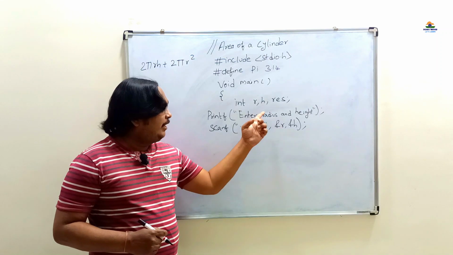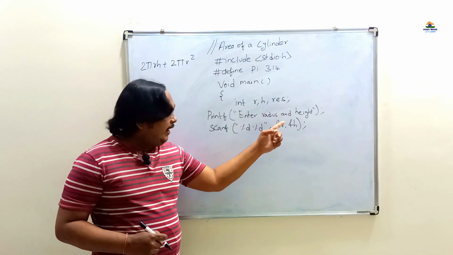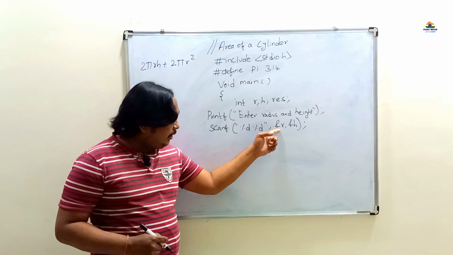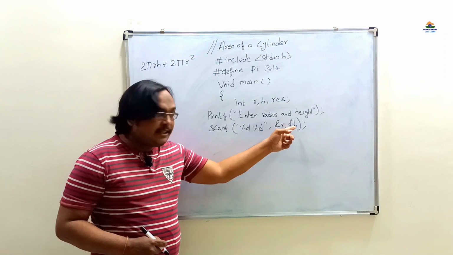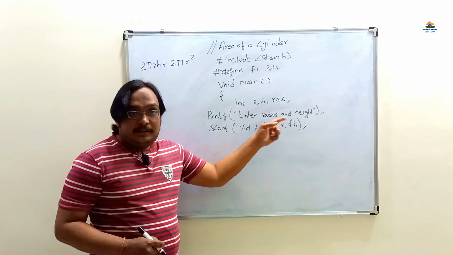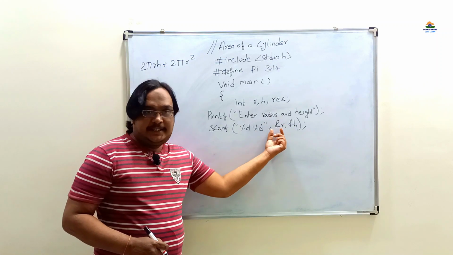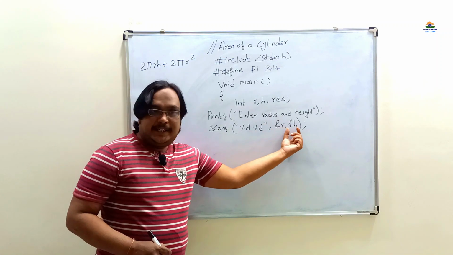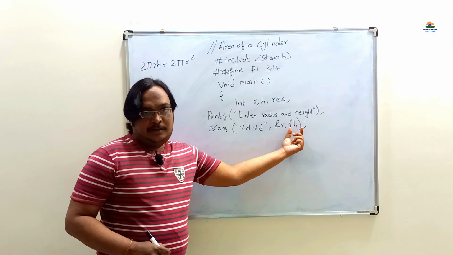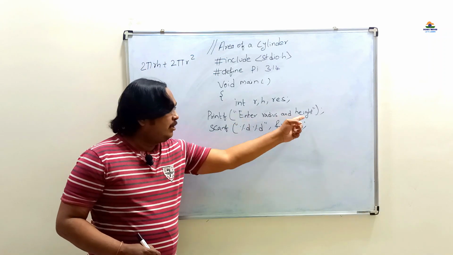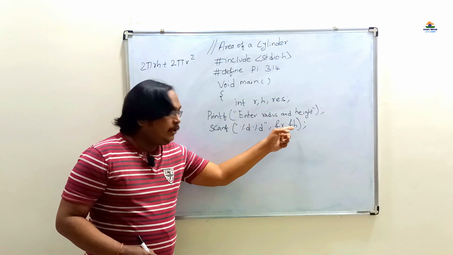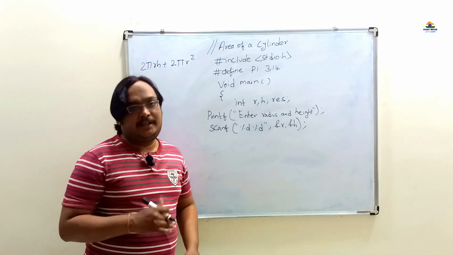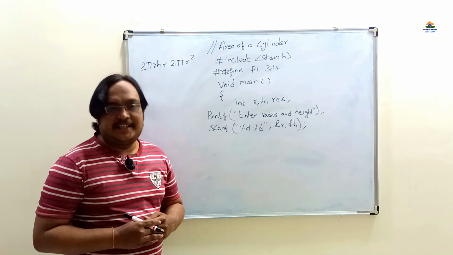Suppose you ask for radius and height, and in scanf you write &h first, then &r, then the first value will be considered as height and the second as radius. In whichever order you ask to enter, the input also has to be taken in the same order. Then only it will match.